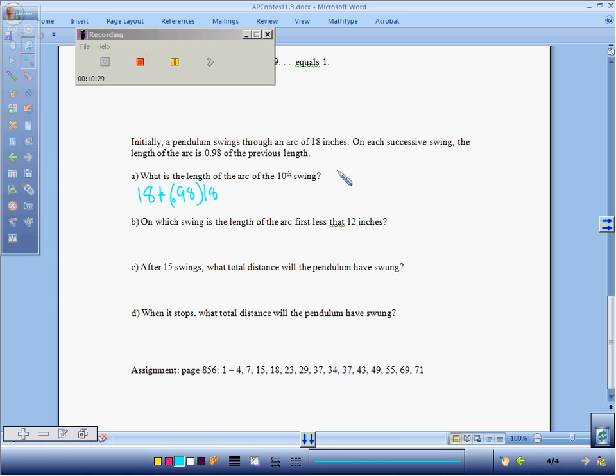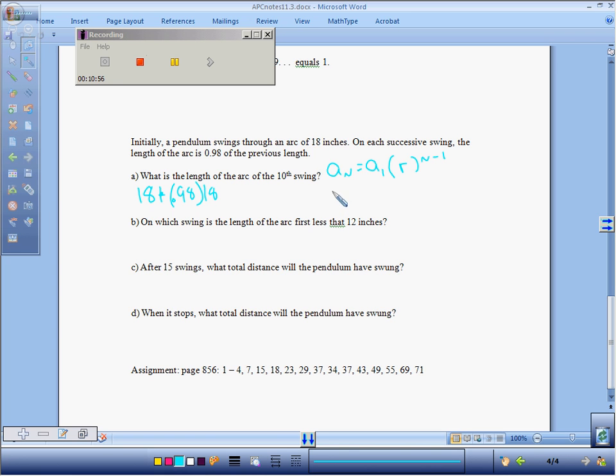So in that case, what I could use is the explicit formula: a sub n is equal to a sub 1 times r to the n minus 1. And in this case, it's pretty obvious that r is 0.98, because that's what I'm multiplying by each time.